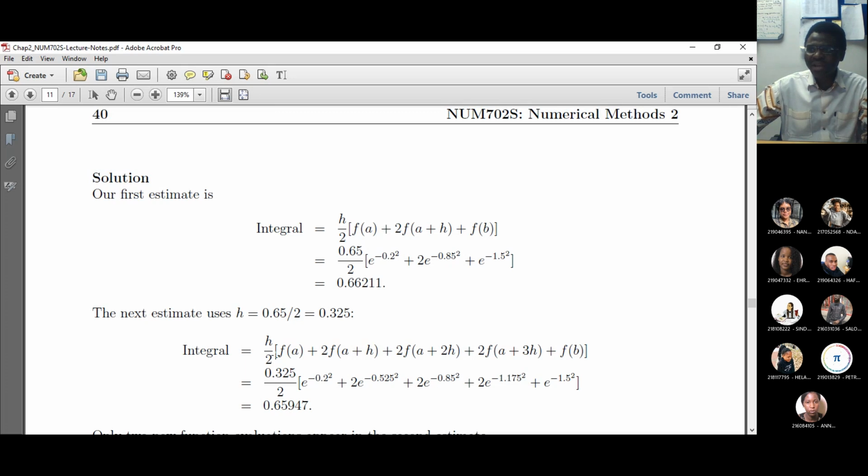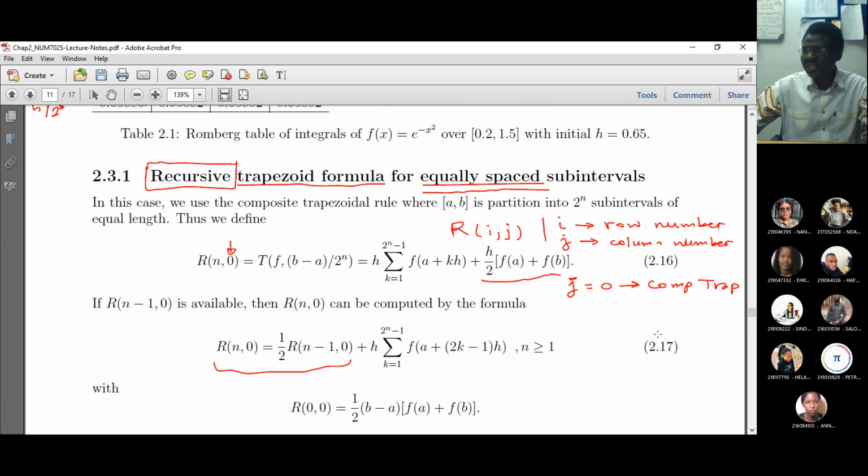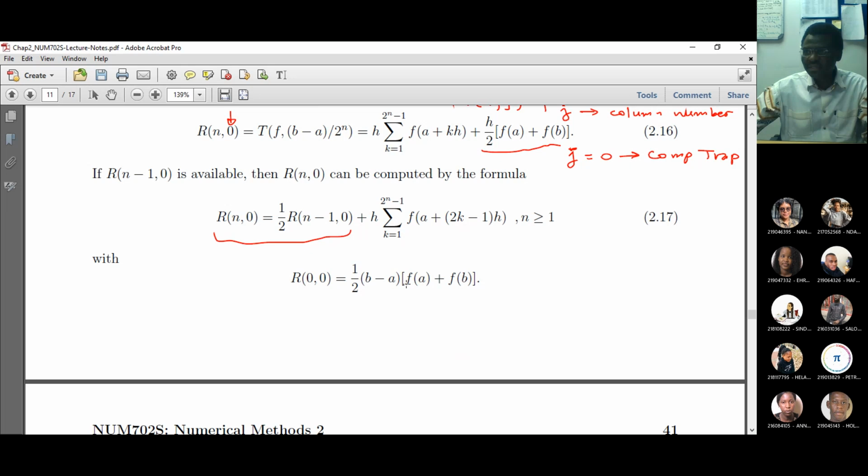We take it as a power of 2 because we are halving h. 2 to the n, next time I increase n by 1, so I'm halving. You have to bear this in mind, otherwise the formula will look strange to you.